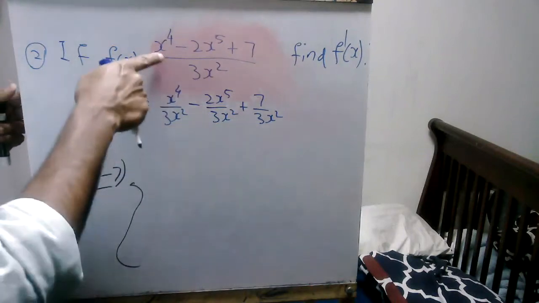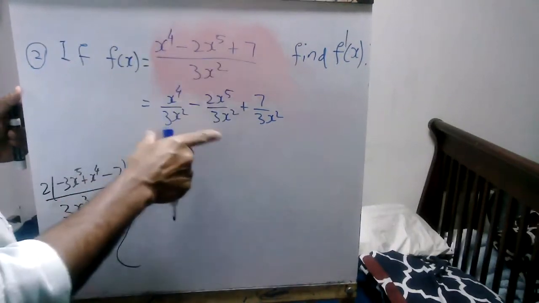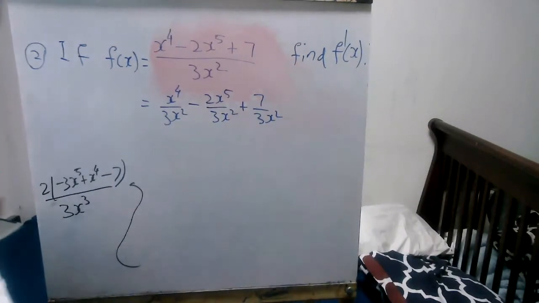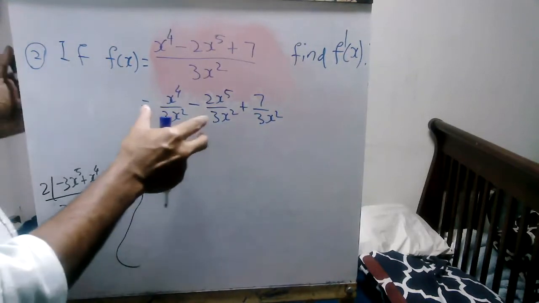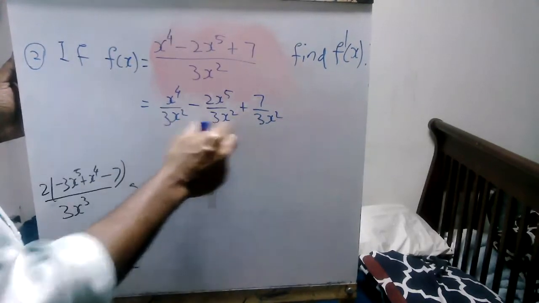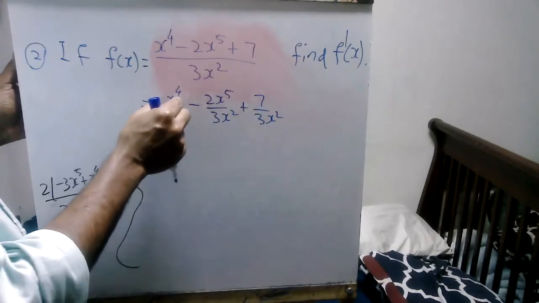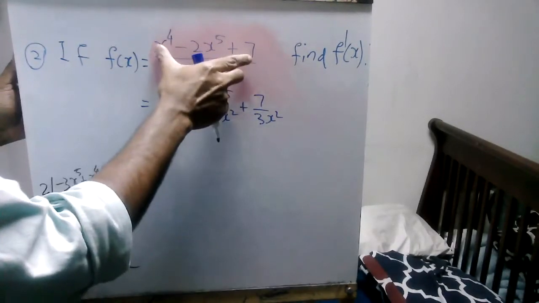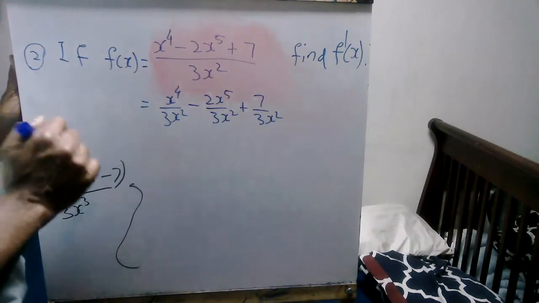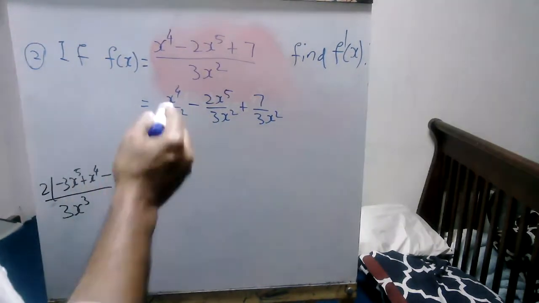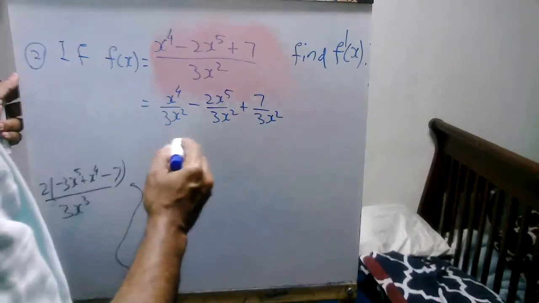Agree? We can write this as this. Means if you look at this, since we have the same denominator, we can keep the denominator and combine numerators. We get this original expression. Now let's simplify this a little bit.